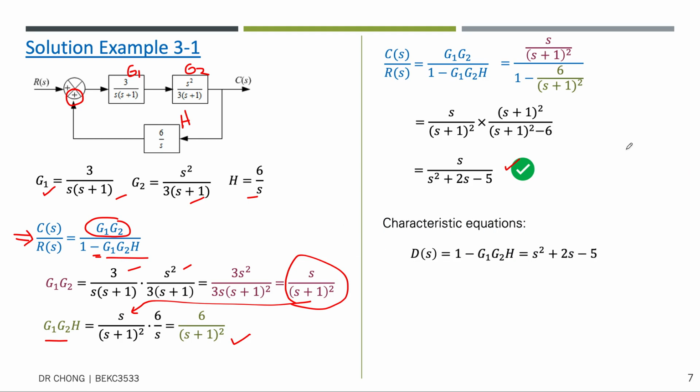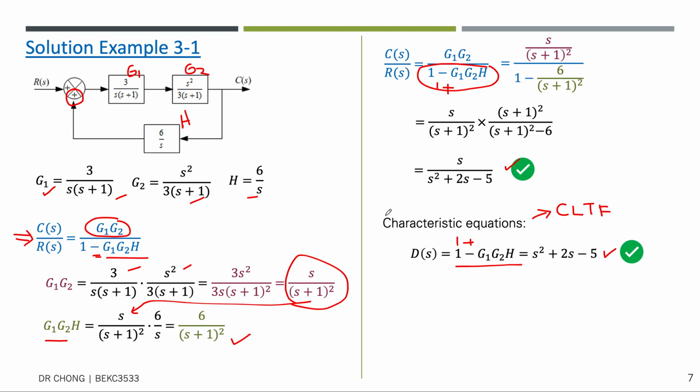And next, the characteristic equation. Remember, the characteristic equation always comes from the closed loop transfer function, and it is the denominator, which is 1 minus G1 G2 H. If your denominator is 1 plus, then here it is definitely 1 plus G1 G2 H. So this is your characteristic equation. Why do I show this example again?